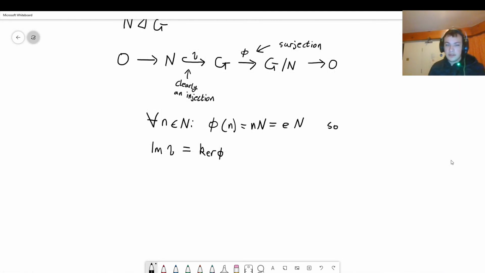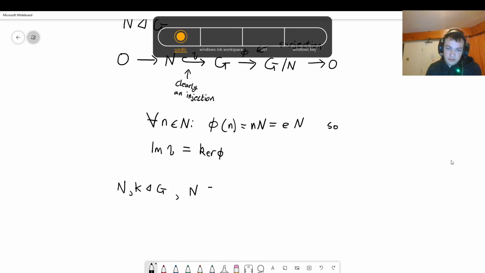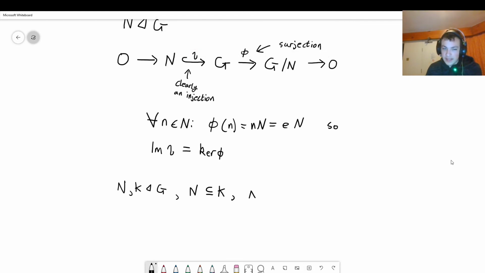If we then take two normal subgroups N and K of G such that N is a subset of K, which gives us that N is indeed a normal subgroup of K, then we have a map phi from G over N to G over K, which maps gN to gK.